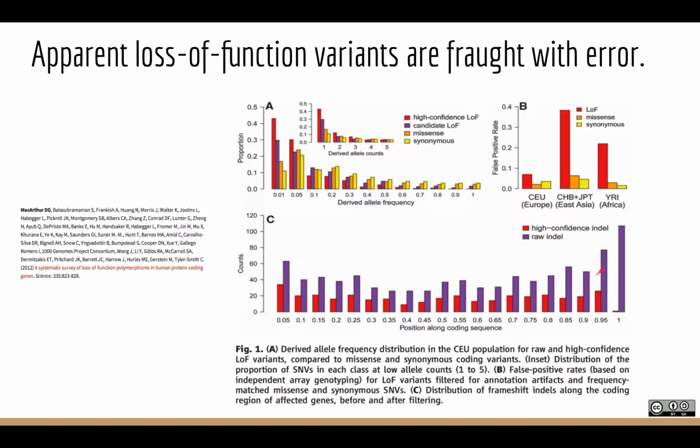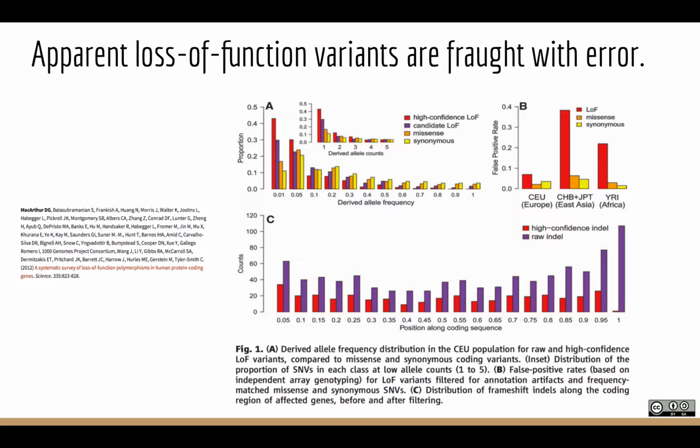And the idea would be that maybe those aren't so interesting. They're predicted to be loss of function, but if you have a frame shift that only affects like the last two amino acids of a polypeptide, it probably doesn't matter as much as if that frame shift occurred very early in the amino acid sequence and therefore perturbs 98% of the amino acids rather than 2% of the amino acids.